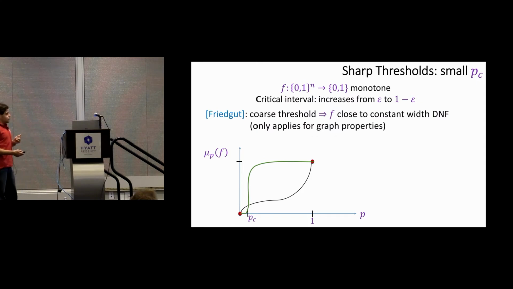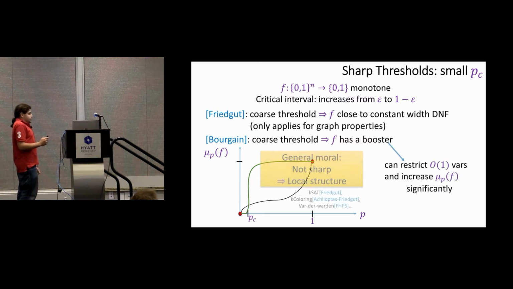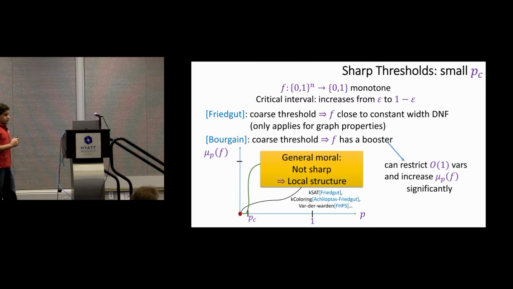We have two results: a result by Friedut and a result by Bourgain. I don't really care too much about what these results say, but morally, what are they saying? They say the following very interesting statement. If your function has a coarse threshold, then it must have a very local structure. In the first result, this local structure is that the function is essentially a constant width DNF formula.